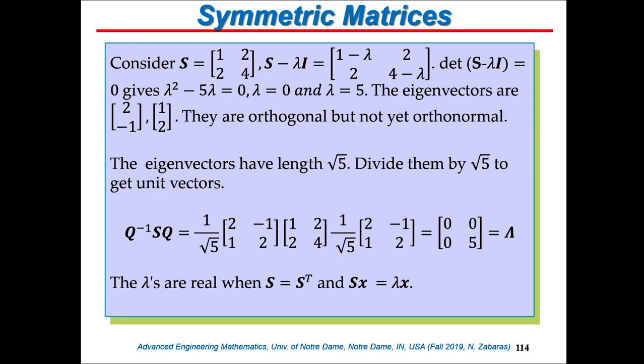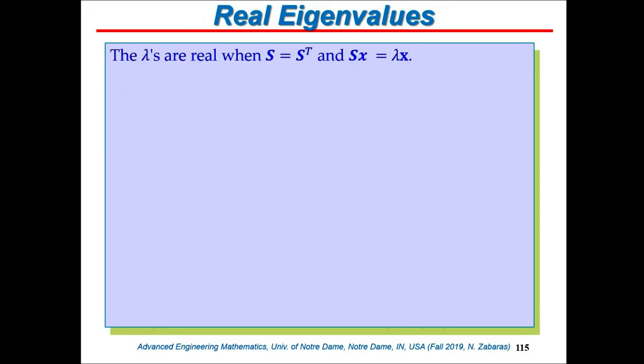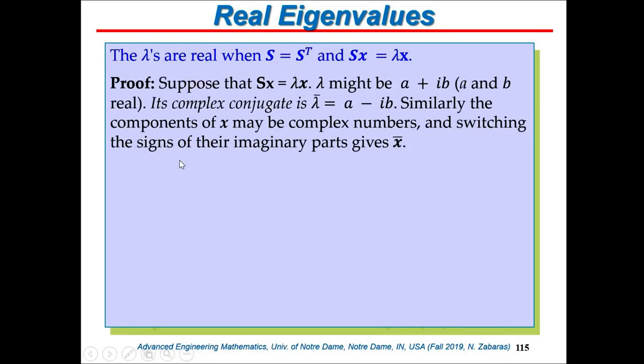So let's try to prove this for the case of distinct eigenvalues. We're going to show that the lambdas are real when we have a symmetric matrix. Let's see how this is going to work. We take the eigenvalue problem Sx equals lambda x, and let's assume that the eigenvalue lambda can be complex, of the form a plus ib, where a and b are real.